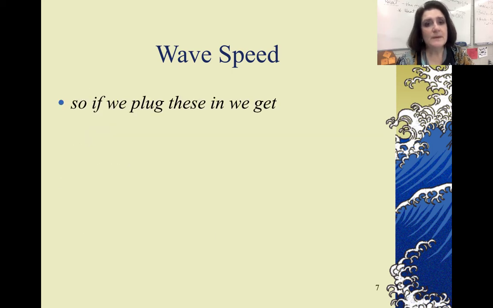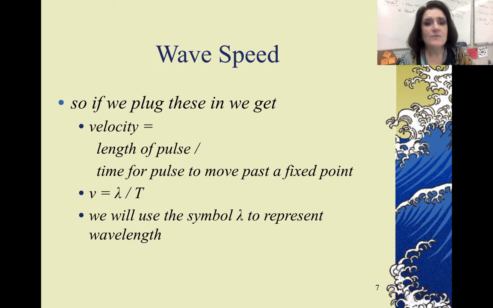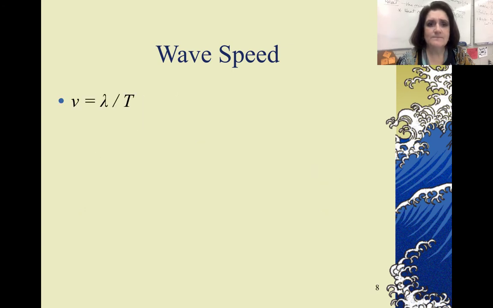So wave speed could be velocity, length of the pulse, divided by time for a pulse to move past a fixed point, or wavelength over T, lambda over T. And we'll use the symbol lambda, it's an upside down y, to stand for wavelength.